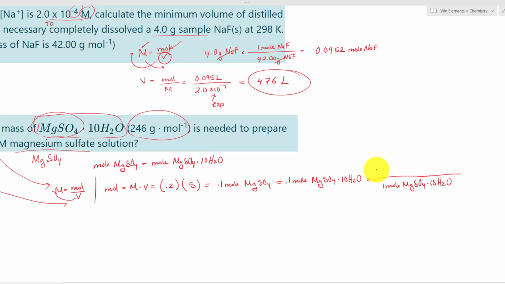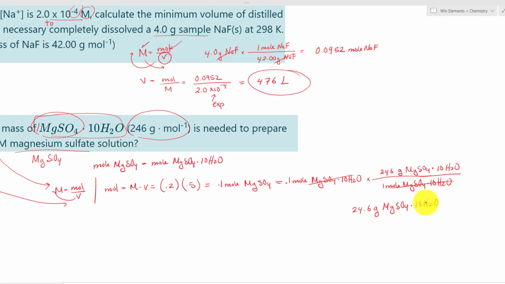And then this is equal to, on top, 246 grams of magnesium sulfate decahydrate. And notice how the mole cancels out. If we multiply by 0.1, we just move the decimal over. Therefore, we have 24.6, or you can plug it in the calculator, your choice. 24.6 grams of magnesium sulfate decahydrate.